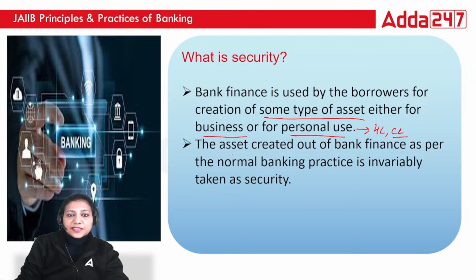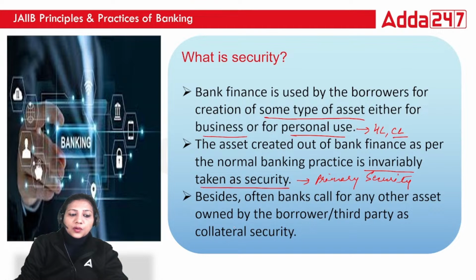Whatever asset is being created from the bank finance will invariably be taken as security, and this will be known as primary security. So the security for which the asset is created out of the bank finance will be known as primary security.